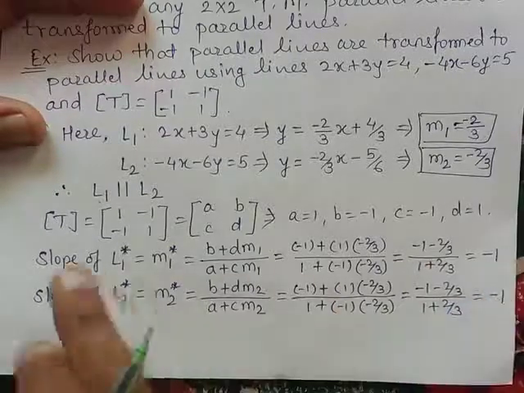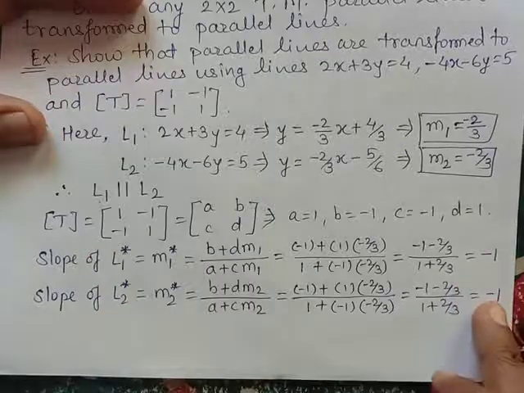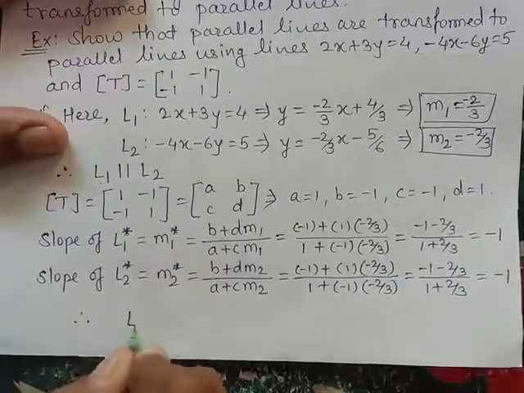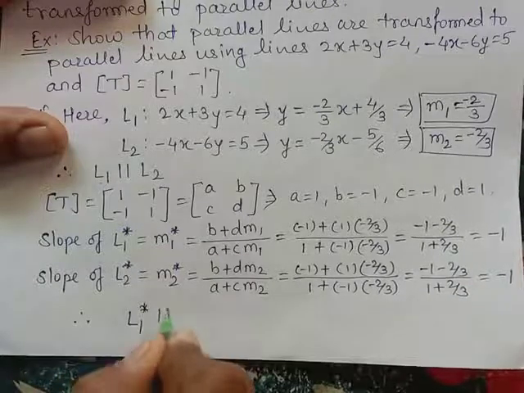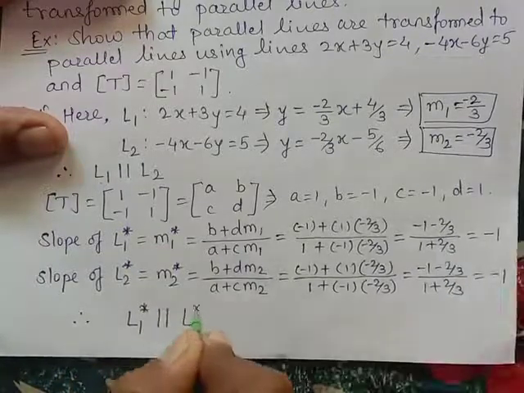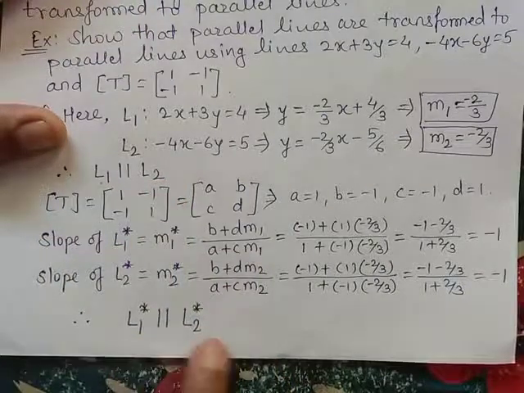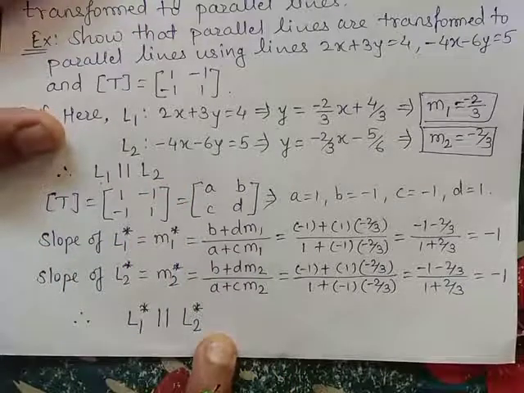Look at here, these slopes are equal. So we can easily say that therefore L1 star is parallel to L2 star. So if L1 is parallel to L2, the transformed lines are also parallel to each other. Okay. So here we should note that parallel lines are always transformed to parallel lines.